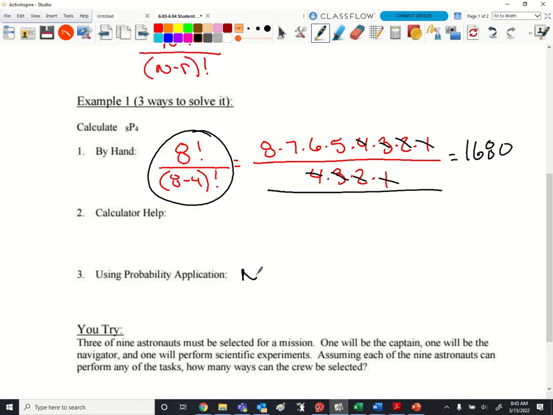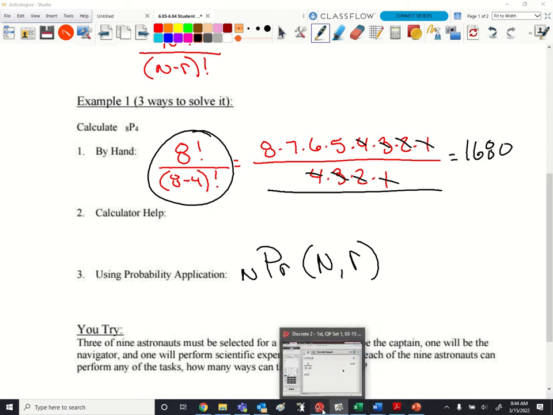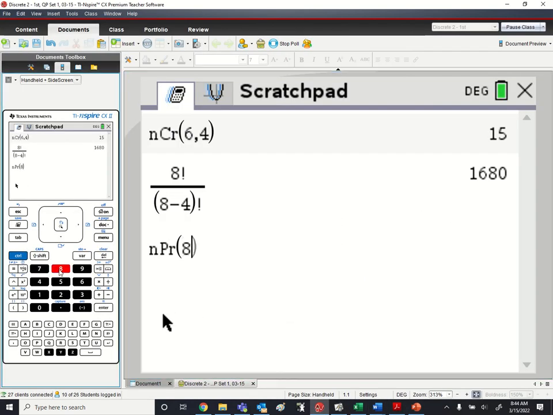So it's going to look like this: nPr, parentheses, n, r, close. So 8, 4, close. Here's my 1680.